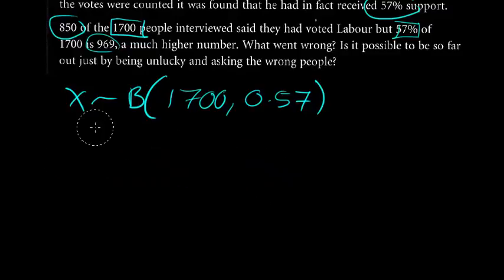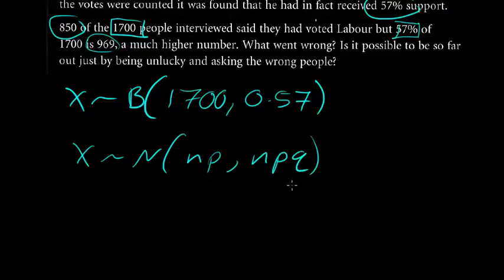If you've got a computer, fine, but what we do here, as we saw in the last video, is approximate it, and we say that X is normally distributed with a mean of np and a variance of npq. So in this case, X will be modelled by a normal distribution with mean 1,700 times 0.57, so 969, and a variance of 1,700 times 0.57 times 0.43.